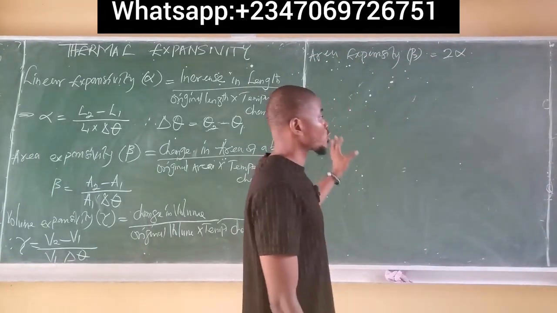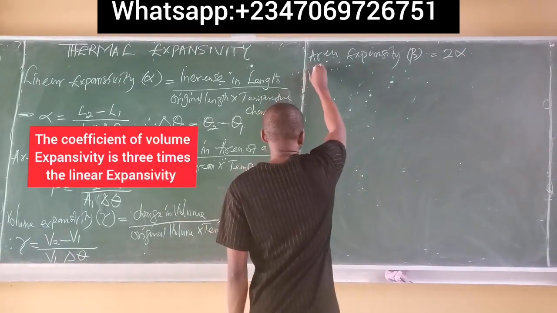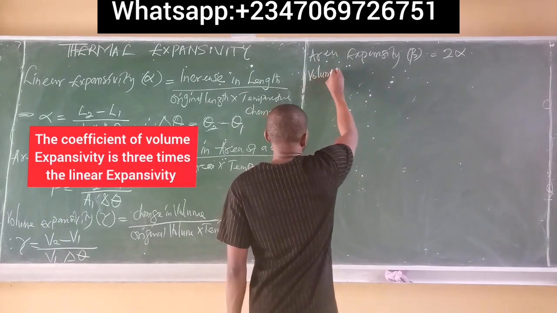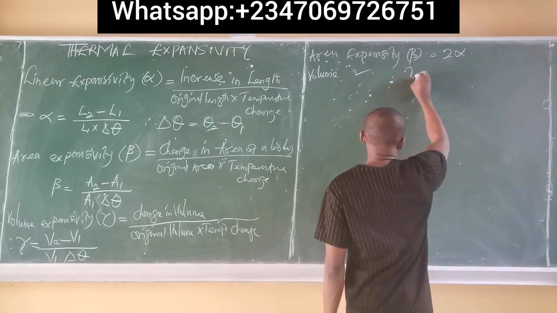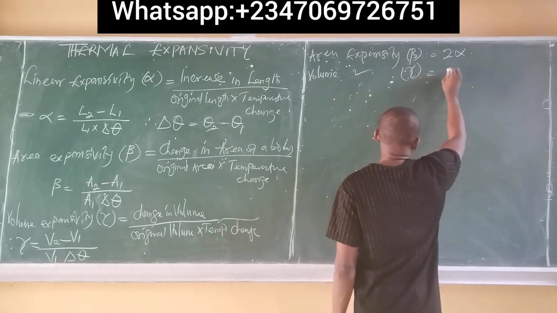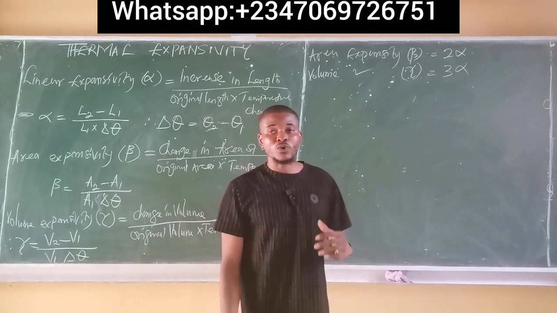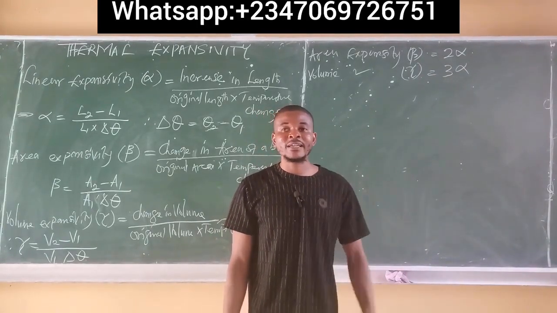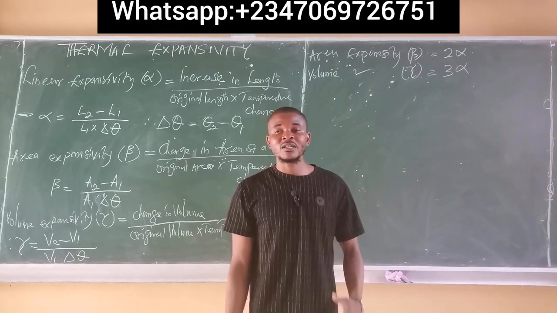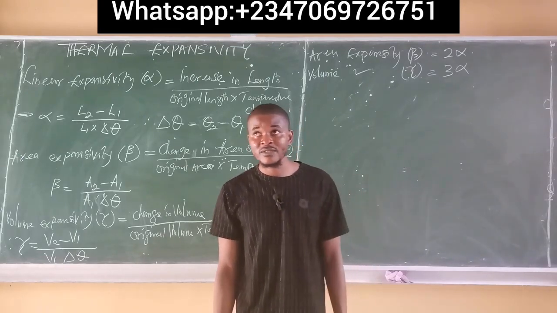Whereas the volume expansivity, which is always given as gamma, is equal to 3 times the linear expansivity. So this is also something you should keep in mind. The area expansivity is always twice the linear expansivity, and the volume expansivity is always 3 times the linear expansivity.